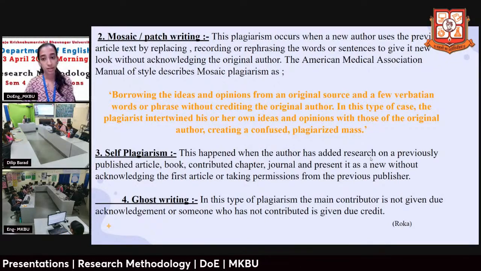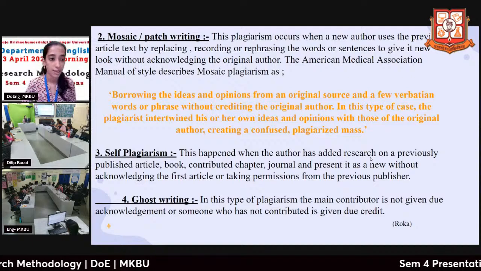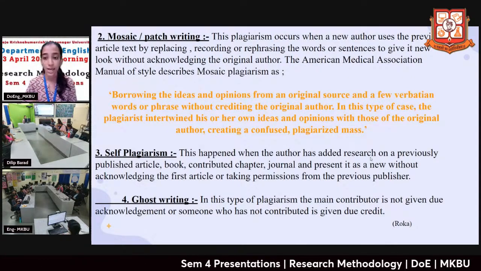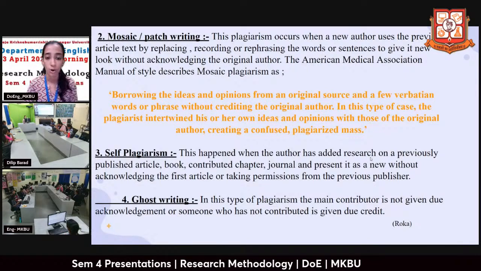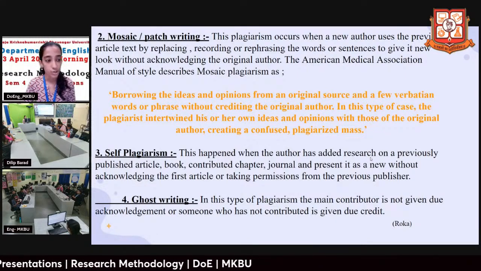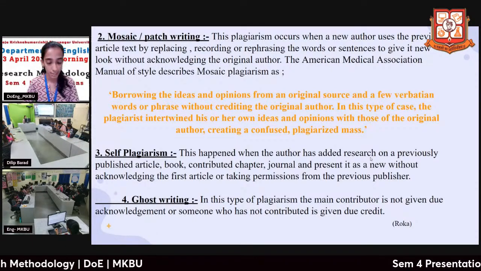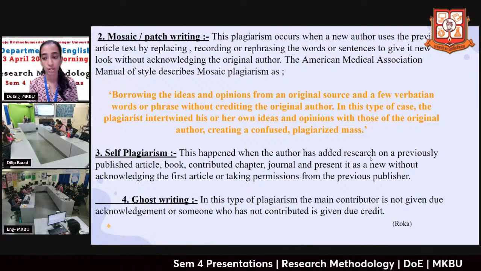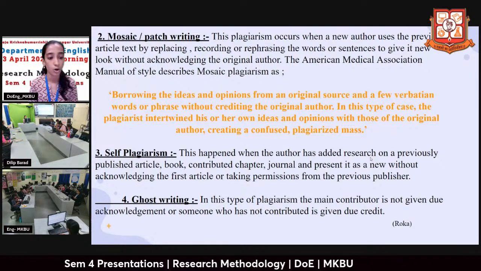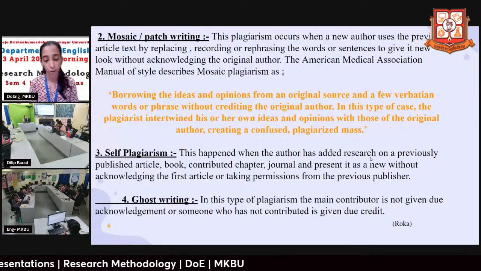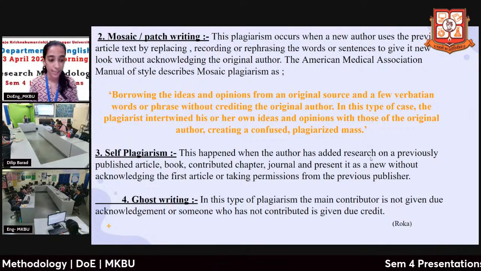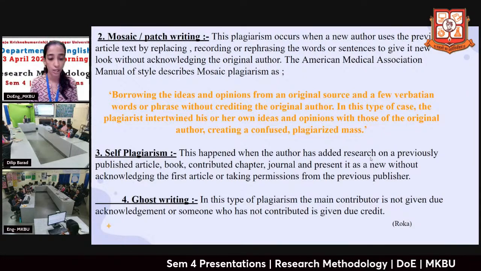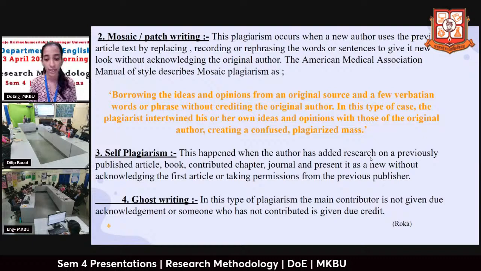This plagiarism occurs when a new author uses the previous article's text by replacing or rephrasing the words or sentences to give it a new look without acknowledging the original author. The American Medical Association Manual of Style describes this type of plagiarism as borrowing the ideas and opinions from an original source and a few verbatim words or phrases without crediting the original author. In this case, the plagiarist intermingles his or her own ideas and opinions with those of the original author, creating a confused and plagiarized mass.